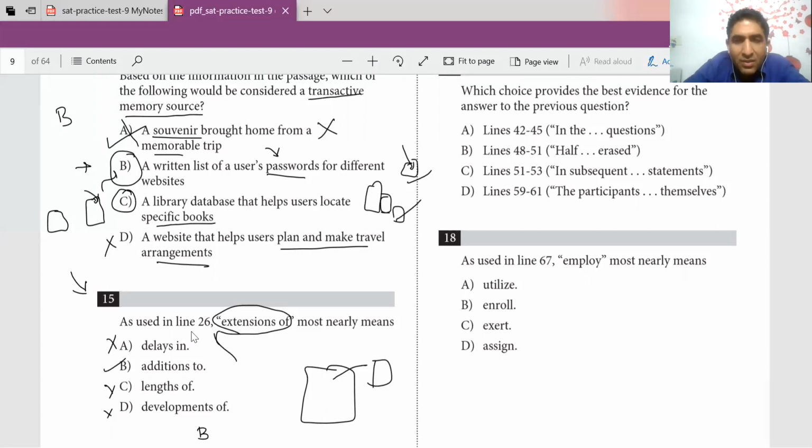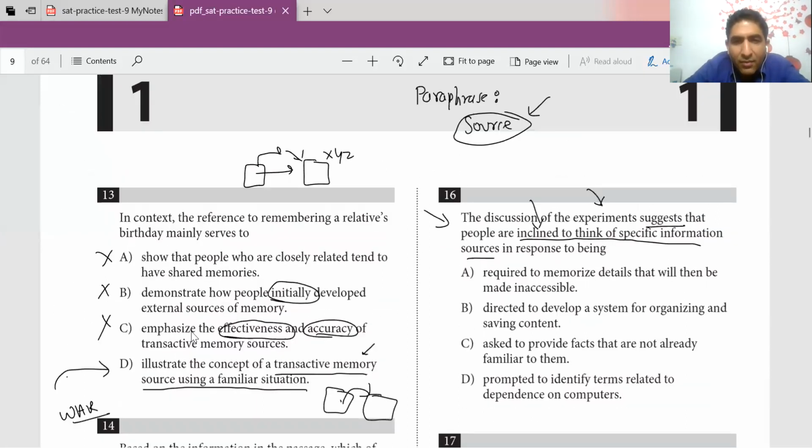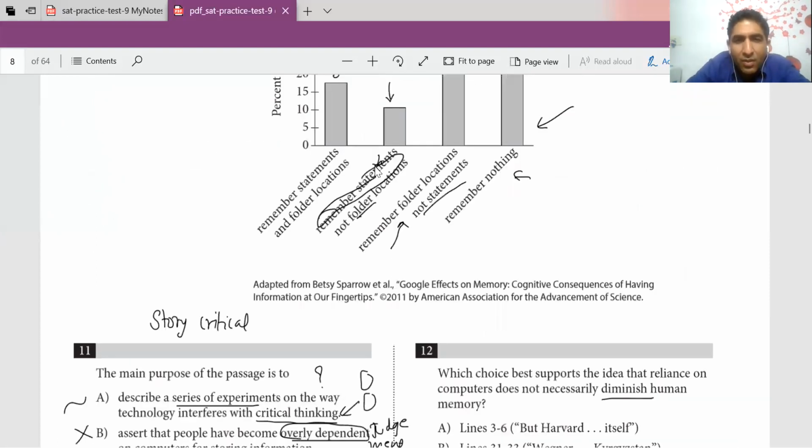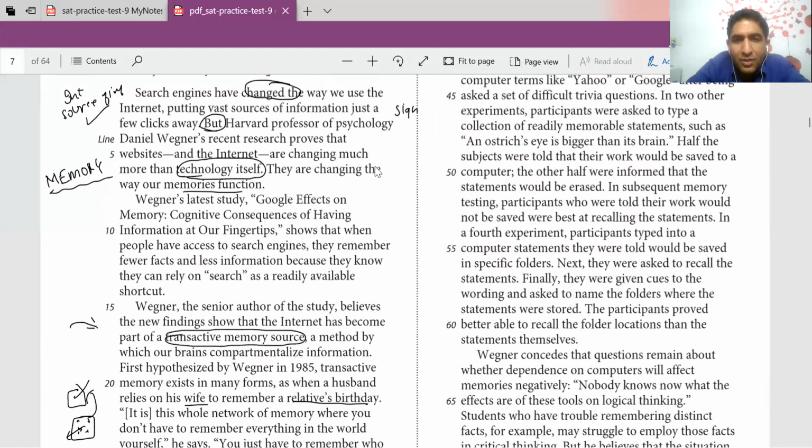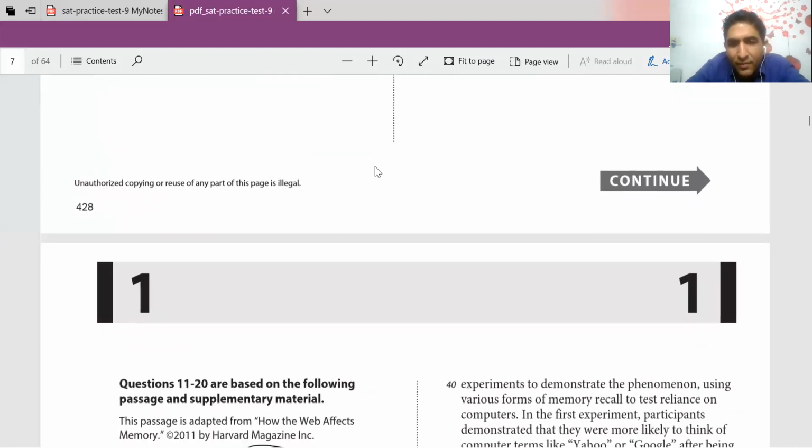So by all means, this answer should be after line number 26. Let me go and see what happens. The question is, when do we think about the source? What is that situation where rather than giving the information, you tell the source of information? And this is usually when we are asked to answer a difficult question.